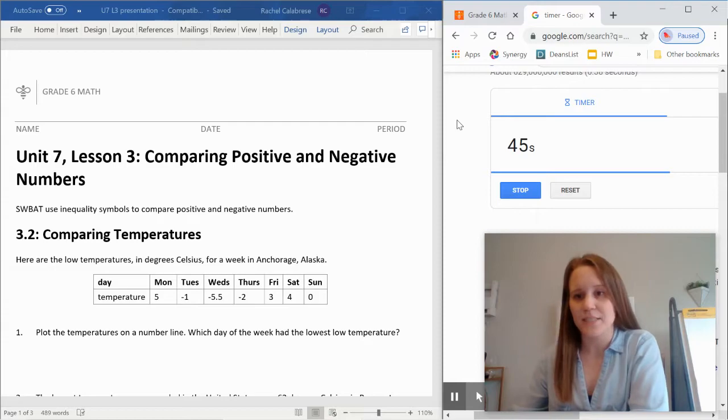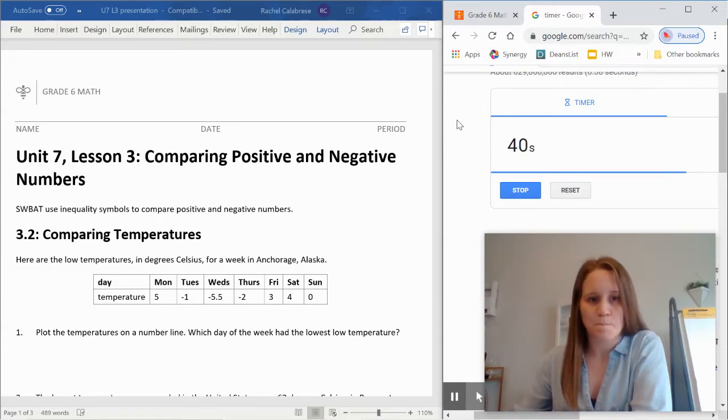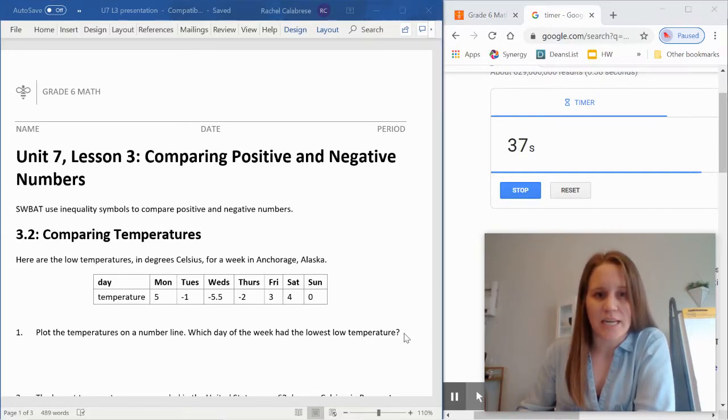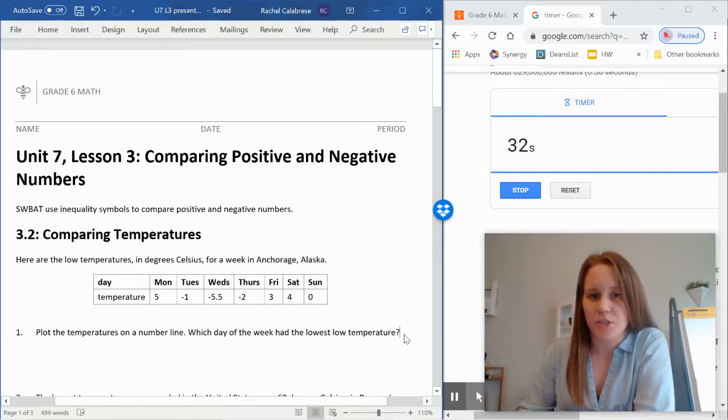We are halfway through our time, 45 seconds left. If you're done early, you can also be answering the second part of the question, which day of the week had the lowest low temperature?